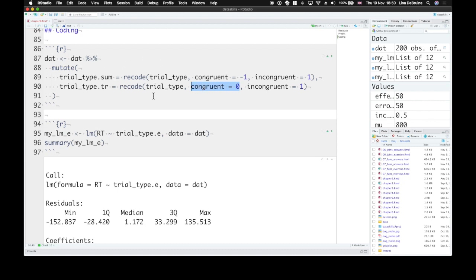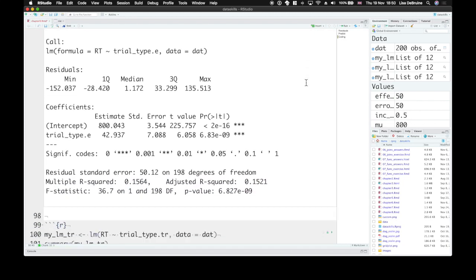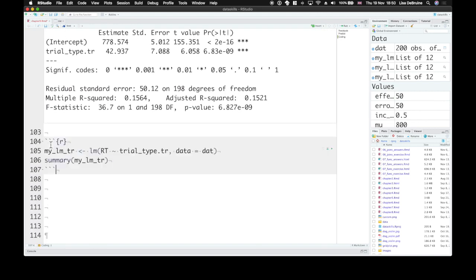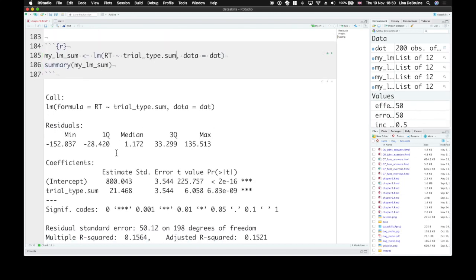When we use sum coding, these are now 2 units apart, and actually the effect that we simulated will be in essence cut in half. So let's look at that. If we use sum coding, positive and negative 1, then this keeps our intercept being representative of the mean value.